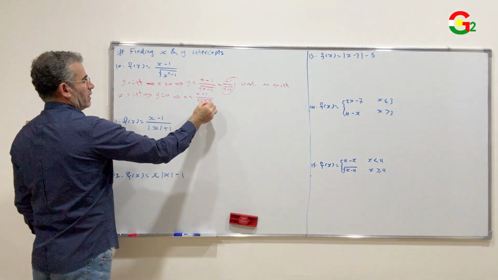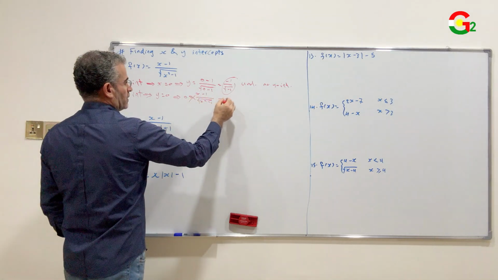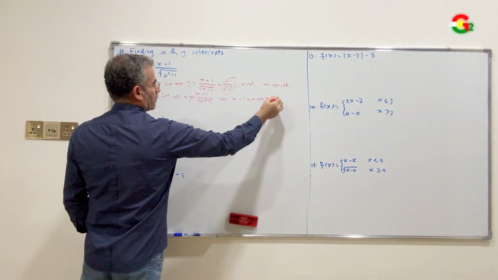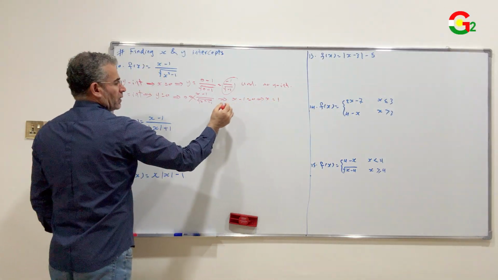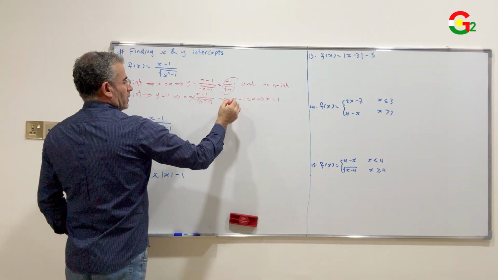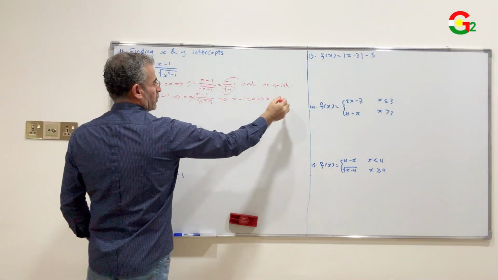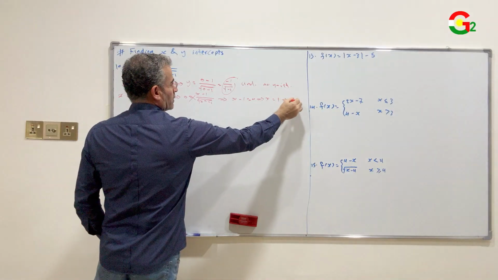For x-intercept, we set y equals 0 and solve the equation 0 equals x minus 1 over the square root of x power 2 minus 1. Cross multiplication, then x minus 1 equals 0, then x equals 1. Therefore, the possible x-intercept point is (1, 0).